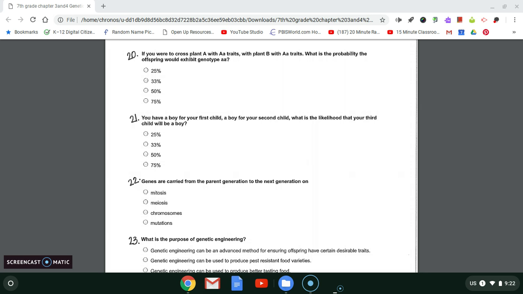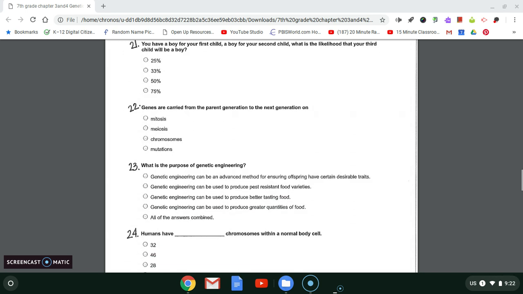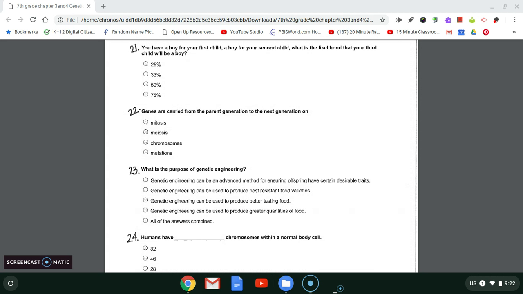So if you were to cross plant A, which has capital A, lowercase a traits, with plant B, which has capital A, lowercase a traits, what's the probability that the offspring would have lowercase a? Number 21.